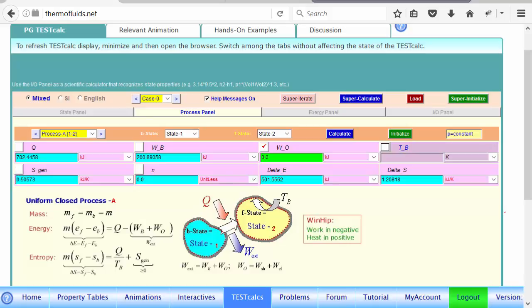Also note, instead of 1000, if I make the boundary temperature 2000 Kelvin, look at the entropy generation right now, 0.5. You will see it will be much more. It's 0.85. In other words, now we created a bigger temperature difference. So there is more thermal friction. As a result, entropy generation is more because entropy generation captures the total friction in a system.